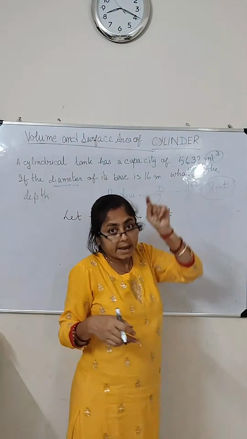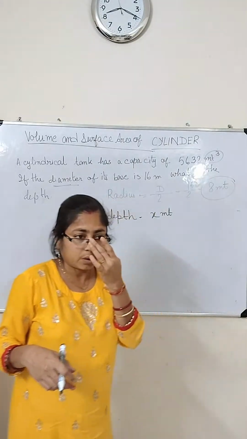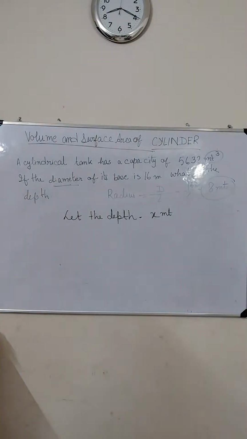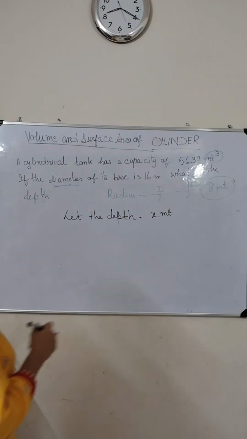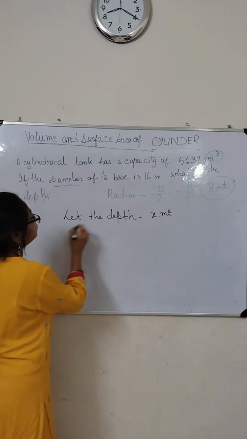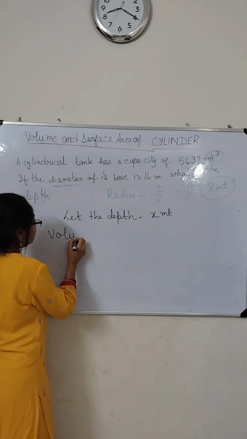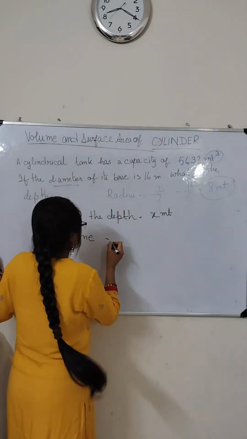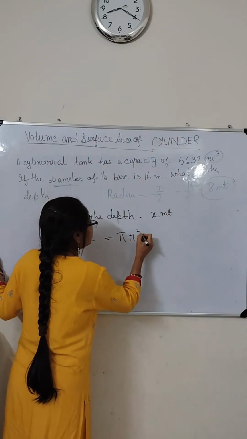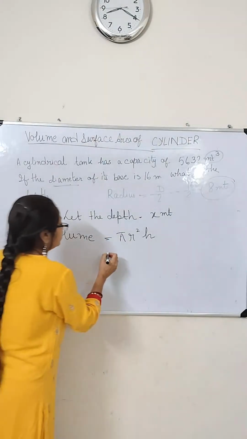Here there is cube, means we should apply the formula of the volume. Okay? Volume is pi r²h.